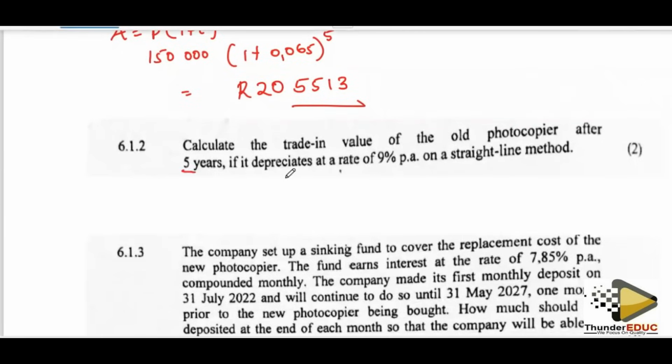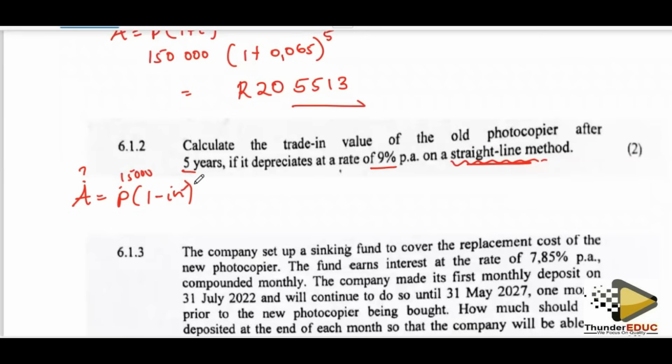Then calculate the trade-in value for the old photocopier. After 5 years, it depreciates at 9% straight line. So the keyword is straight line. This time around, they are not using reducing balance. So with straight line, it's just going to be 1 minus i times n, the straight line method of depreciation. We're looking for A. Our P is the 150,000.